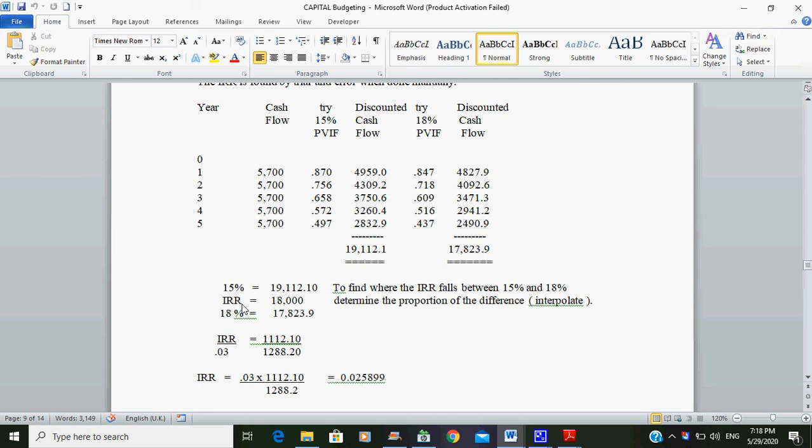This is the tricky part where you put the IRR over the difference between the percentages, and then equate it to the difference between the cash outflow at the top and the other one at the bottom. So you subtract this from this to get this, and this from this to get this.